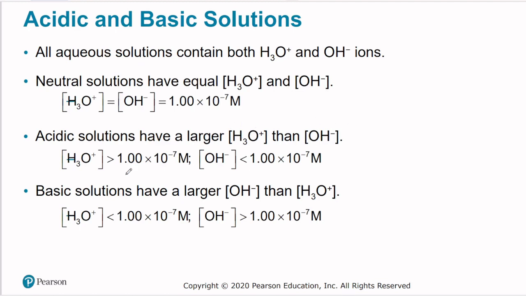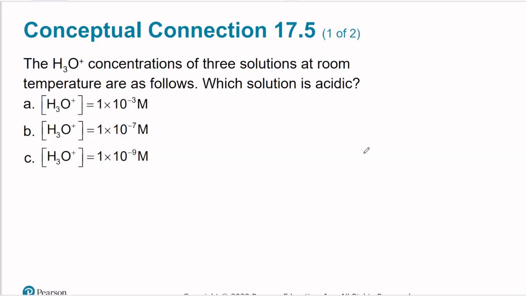Okay, so the hydronium ion will be greater than 10 to minus 7 and the hydroxide will be less. Basic solutions have a larger hydroxide than hydronium, so the hydronium will be less than 1 times 10 to minus 7, hydroxide will be greater. And we're going to see these calculations in just a little bit, and hopefully this will make a bit more sense. So here we have an example.